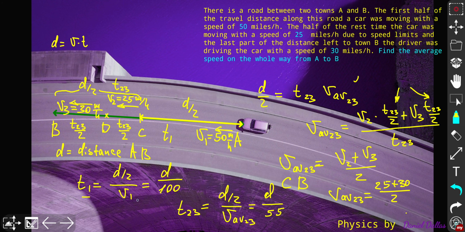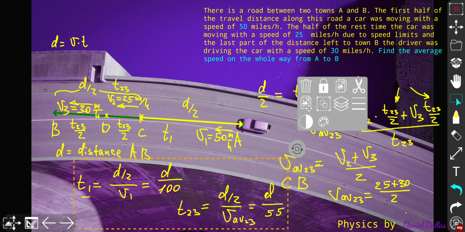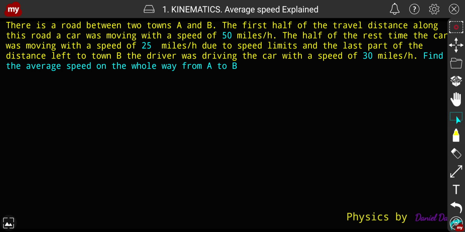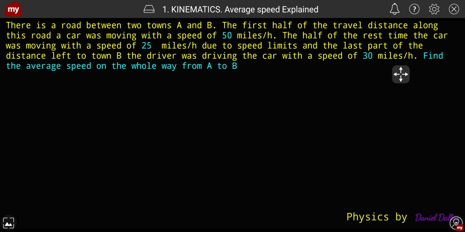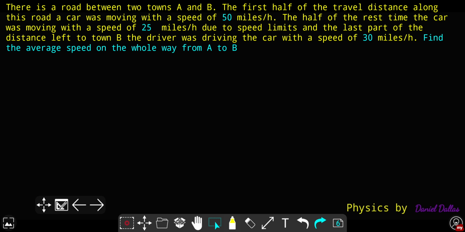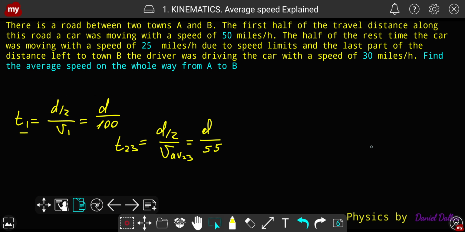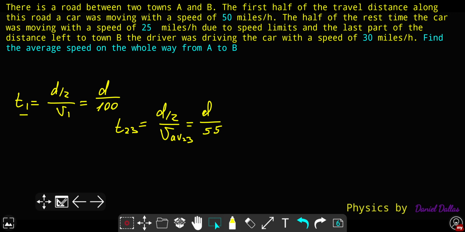Let's just rewrite that, or simply try to copy that. So here we just insert, yeah, we can do that. So that's what we have right now.